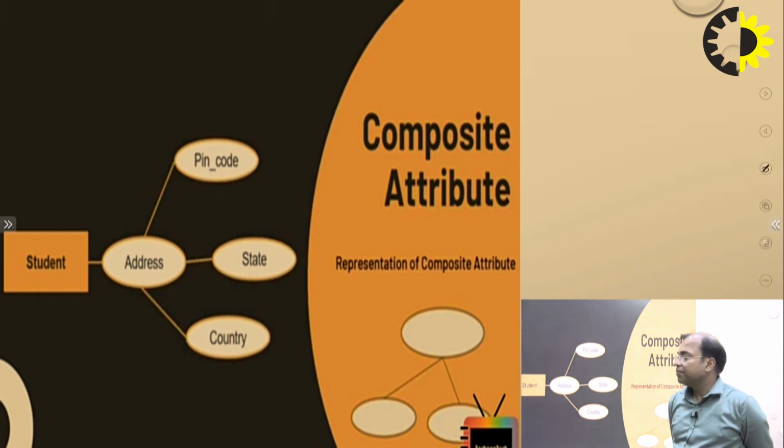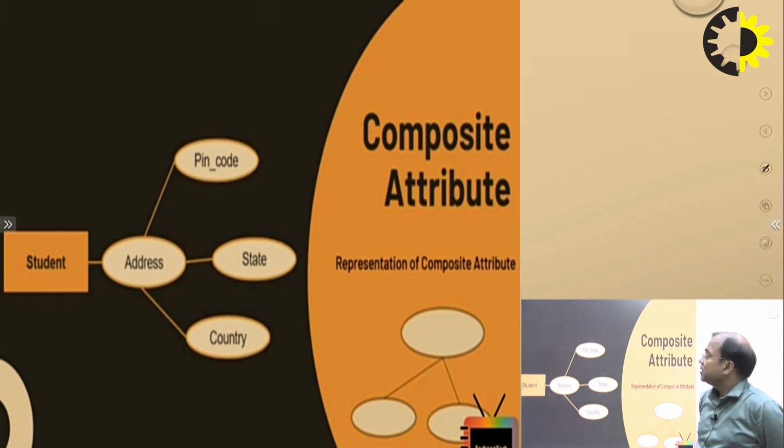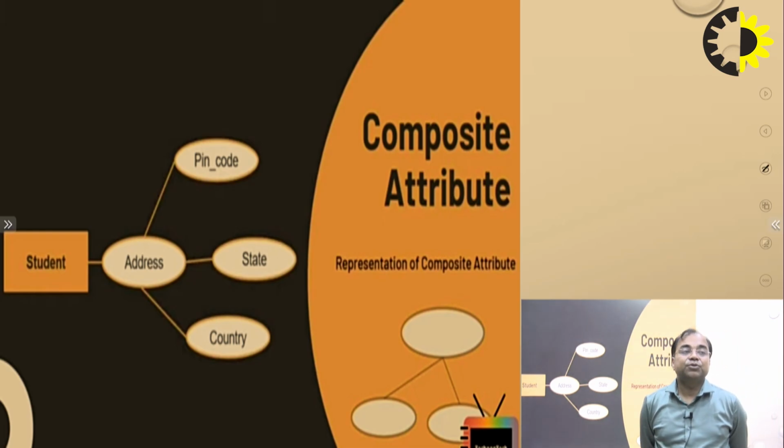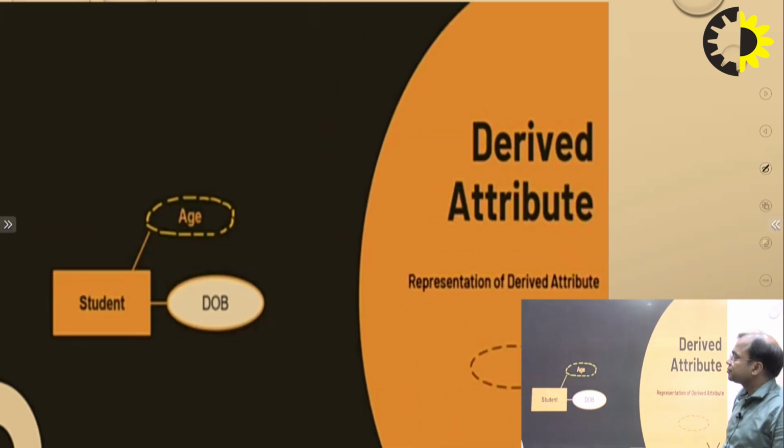It must have some next attributes, or we can say composite attribute, that is a combination of pin code, state, and country. So this is what is known as composite, meaning address is a composite attribute. It depends on different other attributes, that is pin code, state, and country. So composite is also an important attribute inside this diagram.